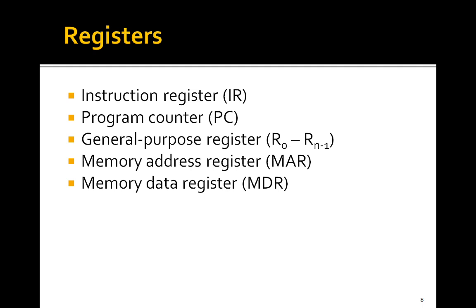Whereas MDR will contain the data to be written into or read out of the address location. So MAR holds the address, and MDR, as the name says, holds the data that is going to be written or read out of the particular memory location.